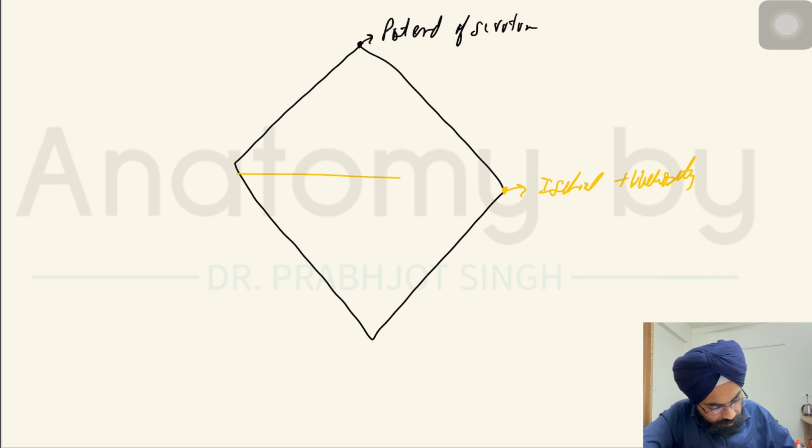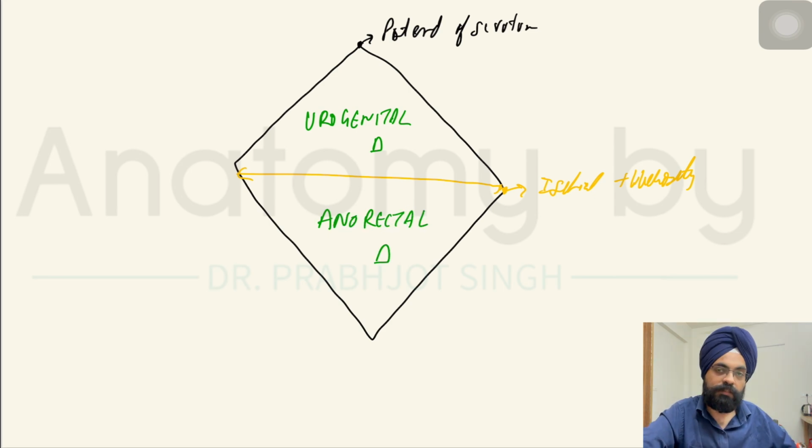So at the level of ischial tuberosity, you divide this rhomboid into two. The anterior one is urogenital triangle and the posterior one is anorectal triangle. I hope that is clear what is anorectal triangle and what is your urogenital triangle.